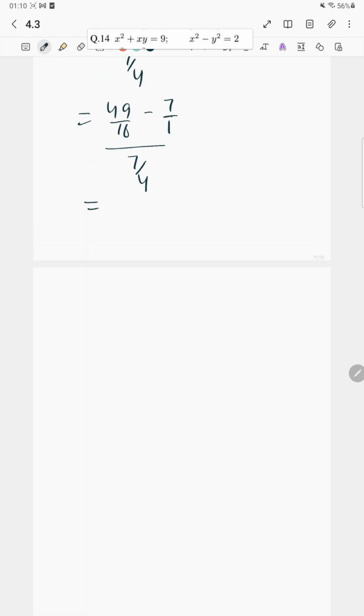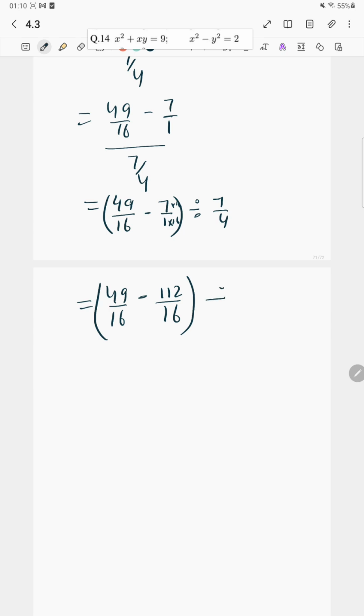so it's going to be 49 over 16 minus 7 over 1 divided by 7 over 4. So if it's 16 into 16, so it's 49 over 16 minus 112 over 16 divided by 7 by 4.